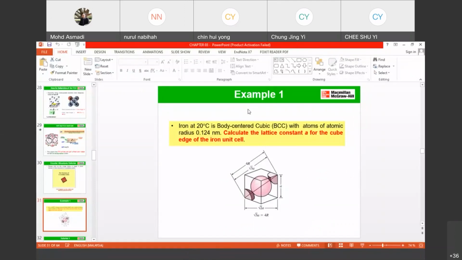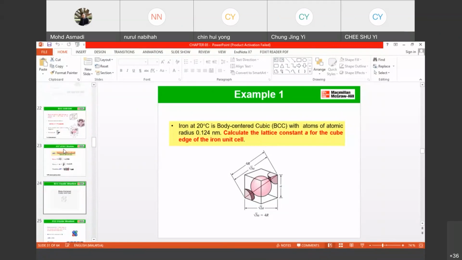Okay, can you answer? Iron at 20 degrees C is body centered cubic, BCC, with an atomic radius of 0.124. Calculate the lattice constant A for the cube edge of the iron unit cell. So how can you calculate for the BCC? Just refer back to the equation for the BCC.